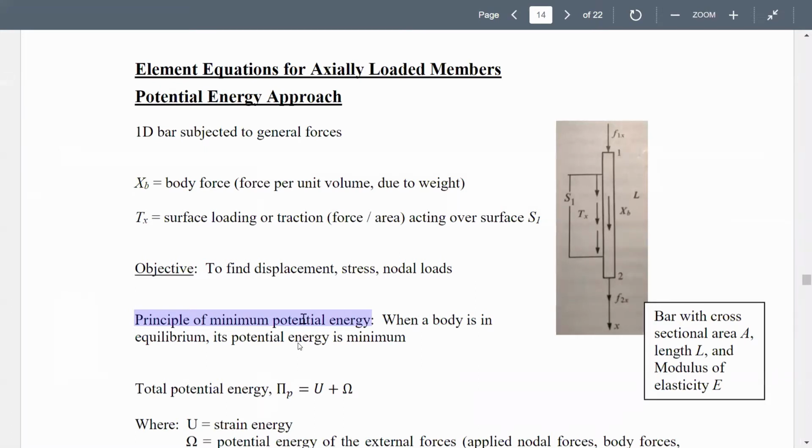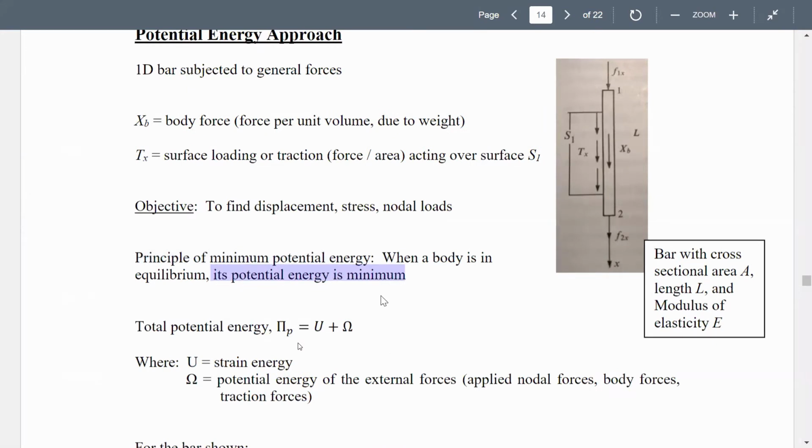This principle says that if a structure is in equilibrium, its potential energy is minimum. So let's write the total potential energy of this bar subjected to these loadings and make sure that it is minimum. Minimizing means we find the derivative and put it equal to 0 to find the minimum or maximum of a function. That's how we do this.